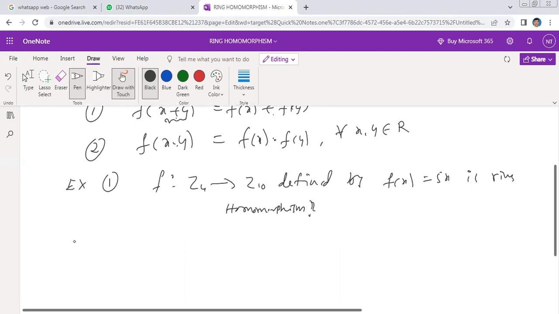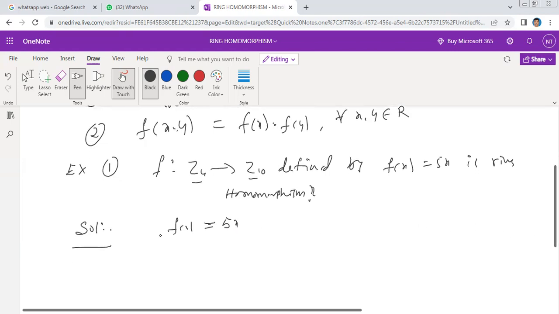How do we check? If these two conditions are satisfied, then we say that this mapping is a ring homomorphism. Given mapping is Z4 to Z10, with function f of x equal to 5x. For the first condition, let us take any two elements x, y belonging to Z4.